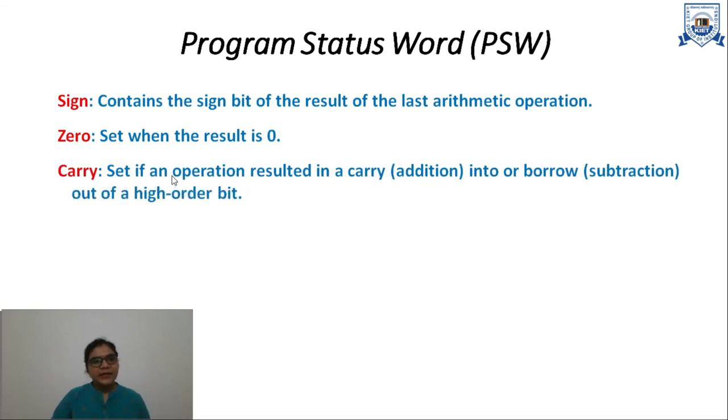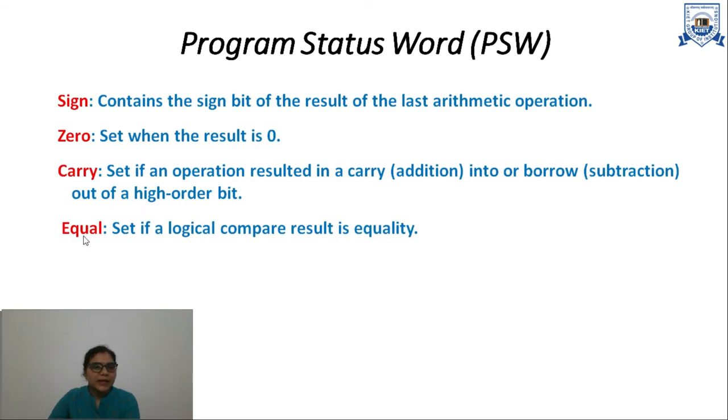The carry flag is set if an operation resulted in a carry in an addition operation or a borrow in a subtraction operation. So the carry flag will denote whether a carry was produced by an addition operation or not. It also denotes in a subtraction operation whether a borrow was taken or not. If carry is produced, then the carry flag will be set to 1. If carry was not produced, then the carry flag will be set to 0.